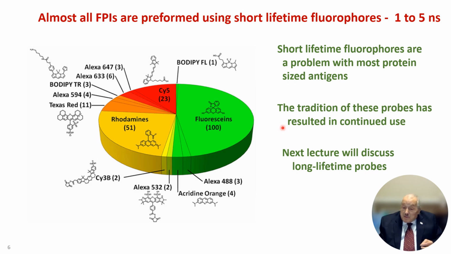And you would think with spending that many billions of dollars a year, that the companies would spend some money on the probe chemistry, which they don't seem to do. We'll see in the next lecture on FPIs that there are reasons to have longer lifetime fluorophores, but I guess it's just tradition. These are the ones they use, even though at the same wavelengths you can wind up with perhaps more favorable probes for FPIs.